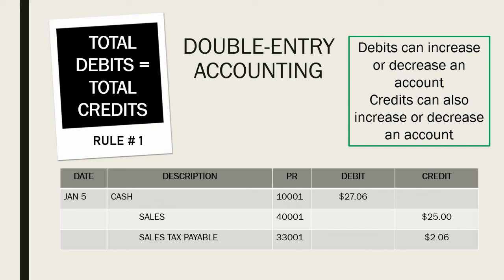So here's an example of a sale, right? When we made a sale, we generated income, right? We earned income. So therefore, that's going to increase my cash flow, because when you sell a product, what are you receiving in exchange for the product? You receive cash or some kind of form of payment.